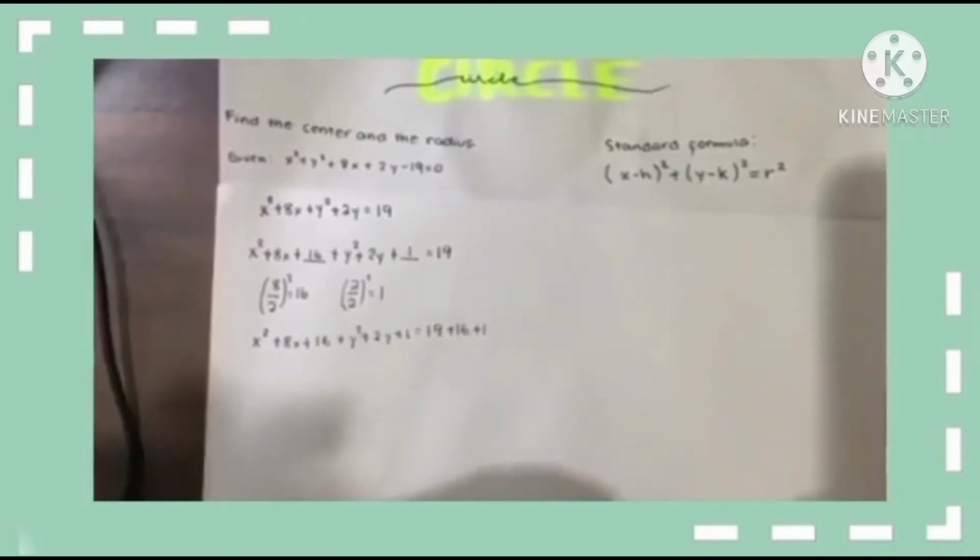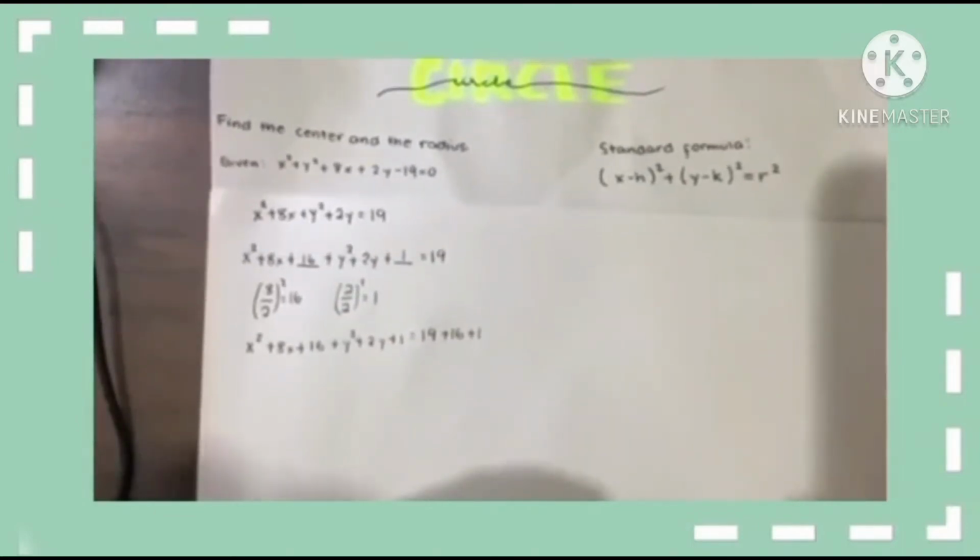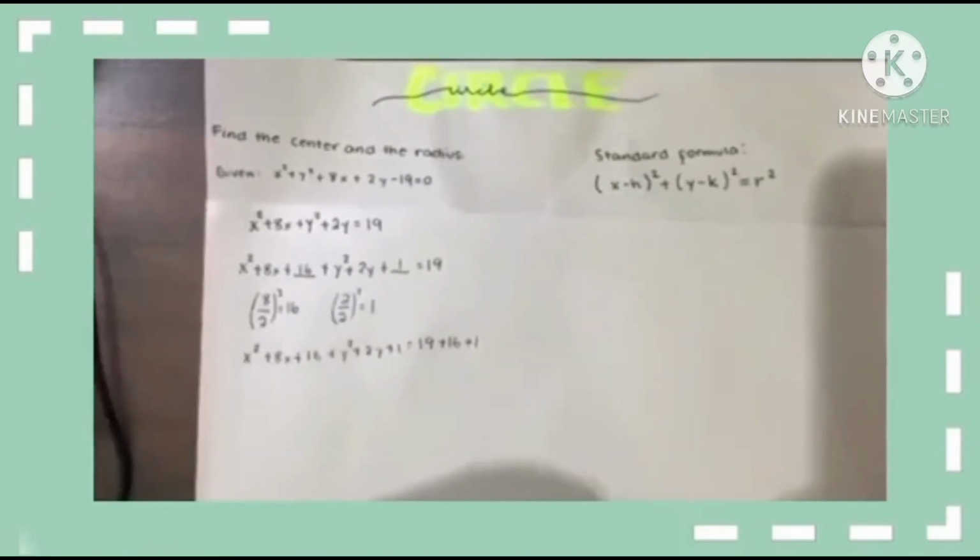Next, we're going to perform the binomial square method. The reason for completing the square is, one, to create a perfect square trinomial, and two, to create a binomial square.